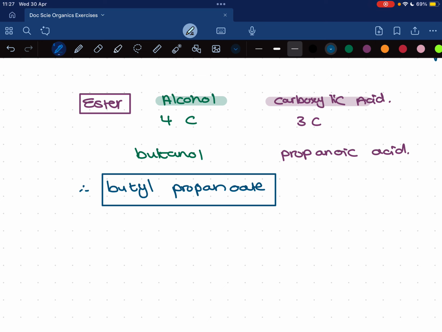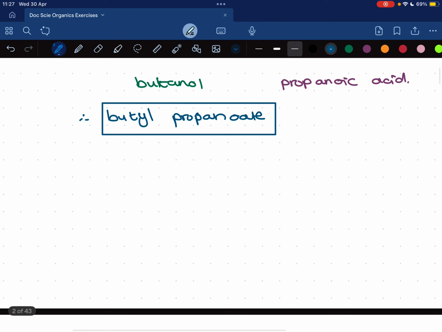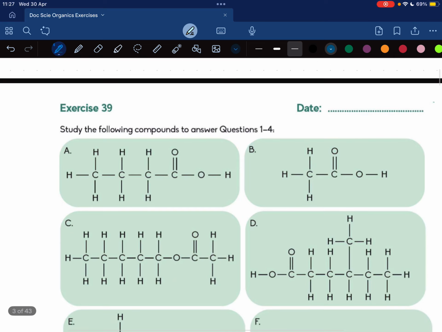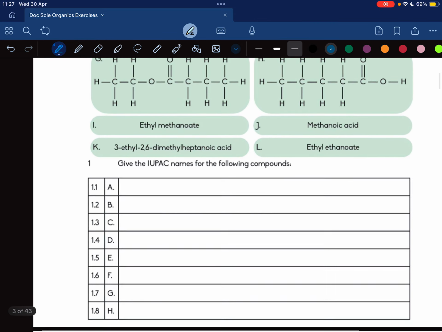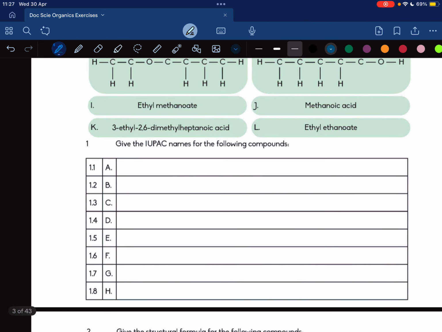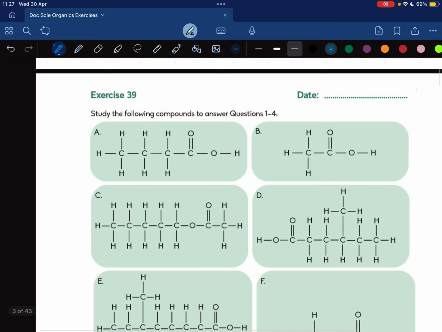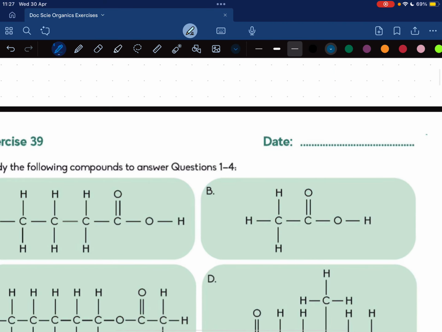Okay, so let's have a look at exercise 39. Some of the questions you would have already completed last term, but we're going to go over them now. The first one asks you to give the IUPAC name for A, B, C, D, E, F, G, and H, all of the structural formulas. Let's start with the first one.